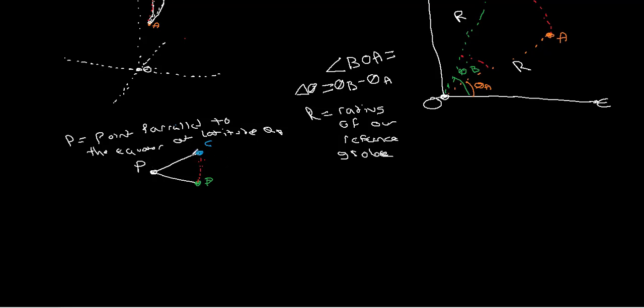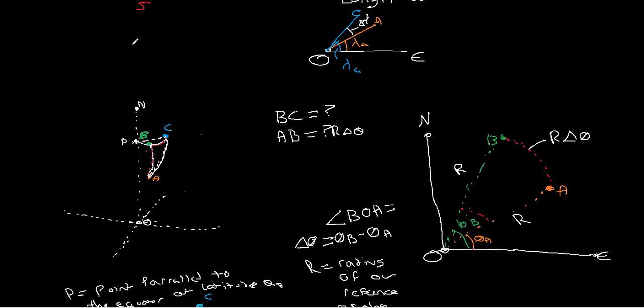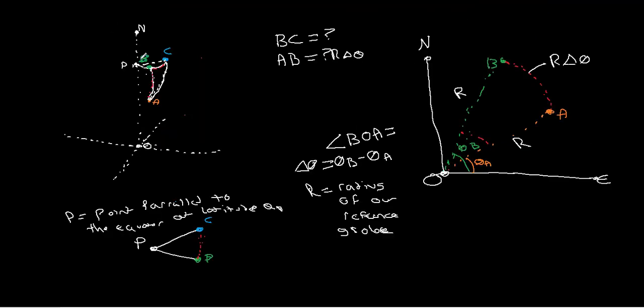So what we have to think here, we're going to eventually apply the same formula that we applied here. But now we have a little bit of a different issue, because this length here is not the radius of the Earth. If we scroll back up here, granted I may not have done the best job in the world, but this length right here is not going to be the same length as this length.